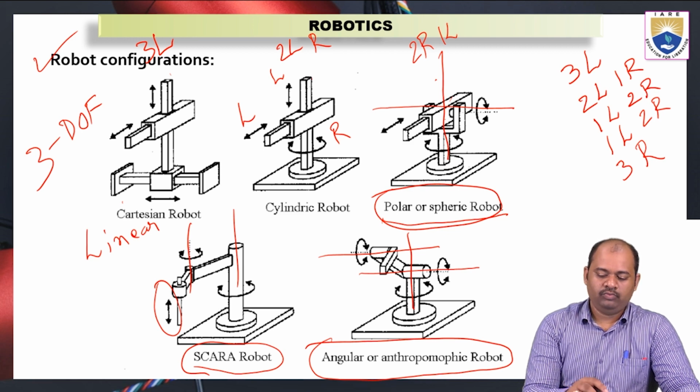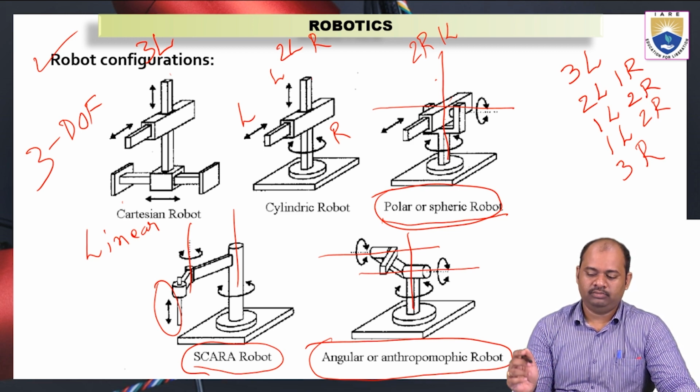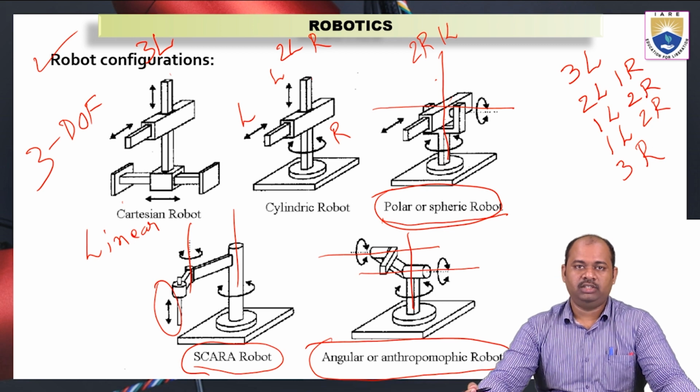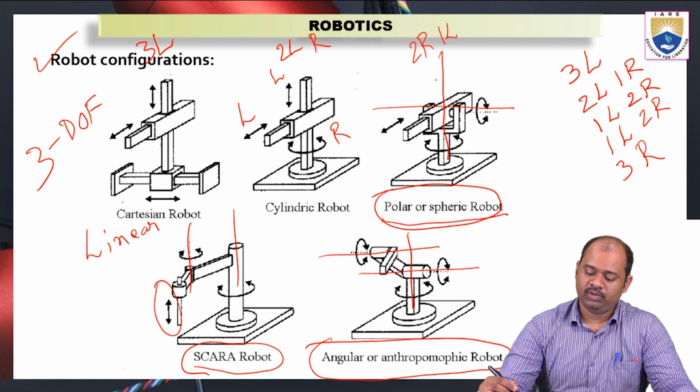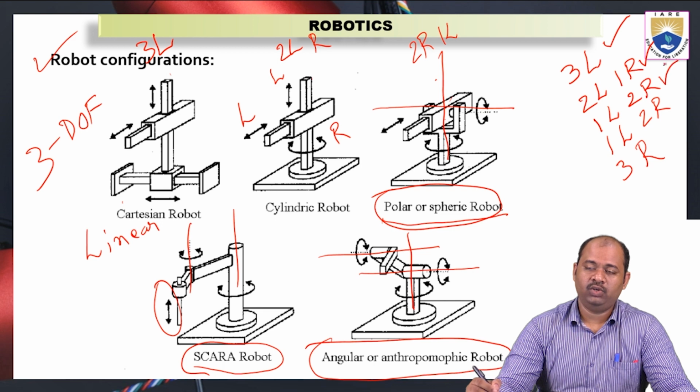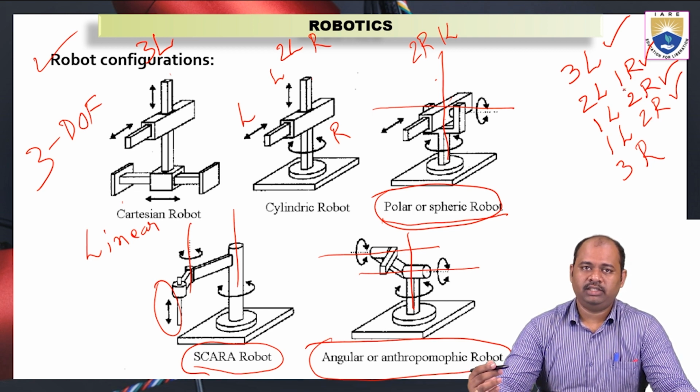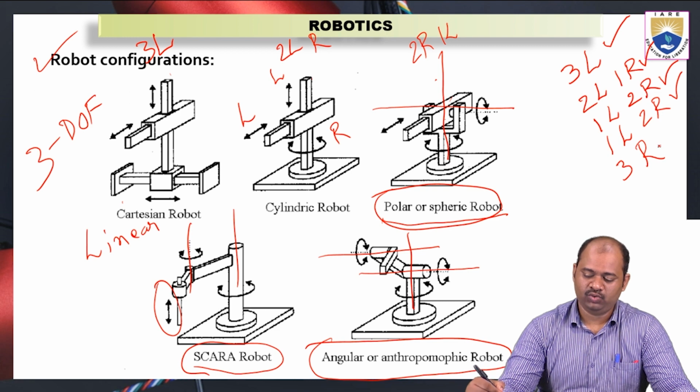Now we have seen a total of 5 kinds of robot configurations. Out of these, we have seen 3 linear for Cartesian robots, 2 linear and 1 rotation for cylindrical robot, and polar or spheric robot will have 1 linear and 2 rotationals, and SCARA robot will have 1 linear and 2 rotations, which are similar to polar, but the axes of rotation are different for these two robots.